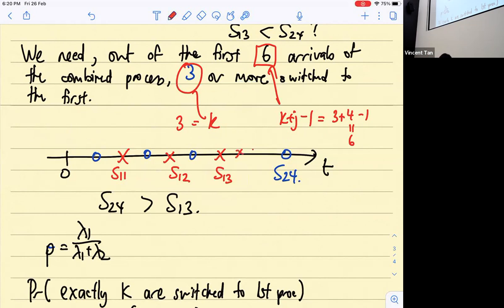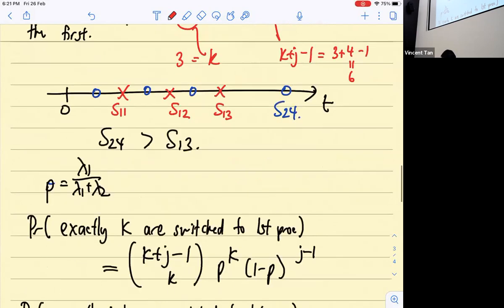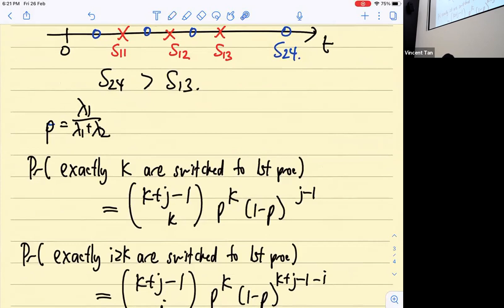So what if I had many here? Now this will be S16. If S24 is bigger than S16, and certainly S16 is bigger than S13, this is also fine. This is more relaxed. Now I calculate exactly K are switched to the first process out of this total. This is just for preparation.